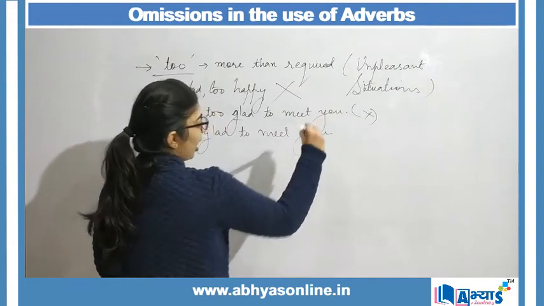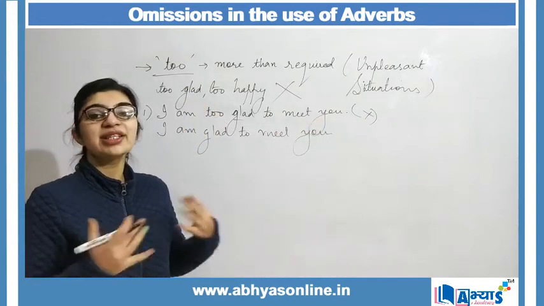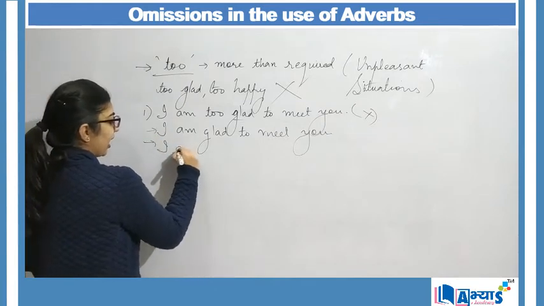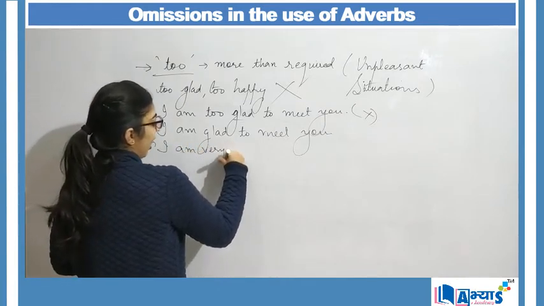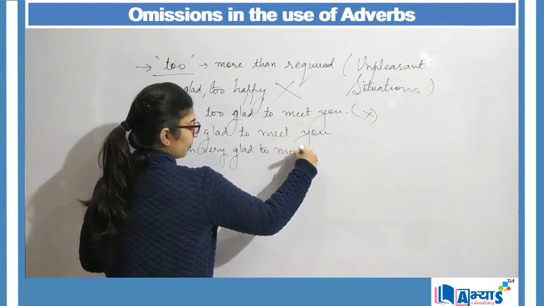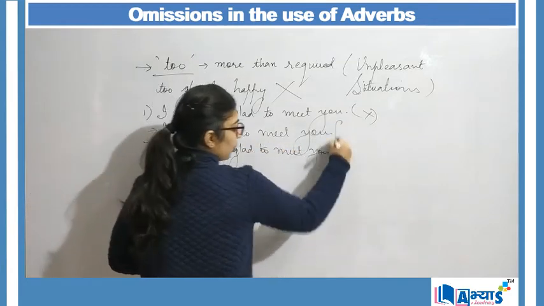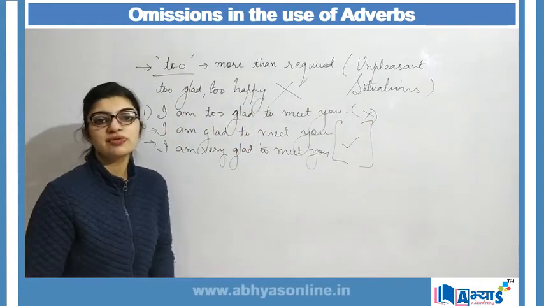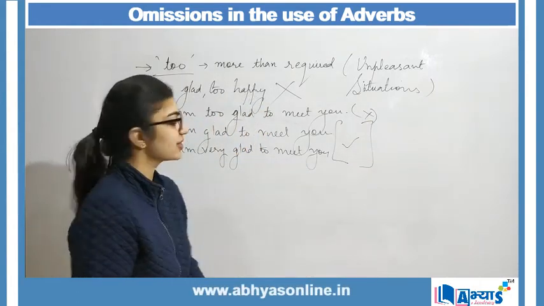Or yes, if you have to show your overexcited emotions, in that case I can say, I am very glad to meet you. Yes, both of these sentences are correct, but too is not used for mentioning someone's happiness.